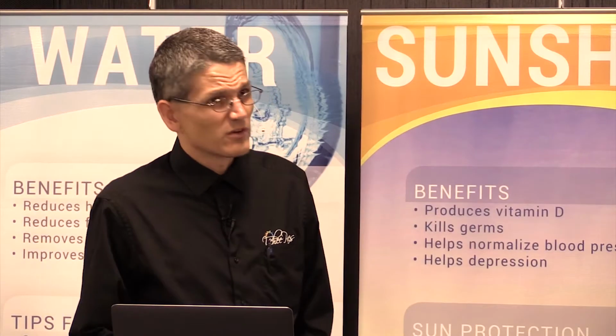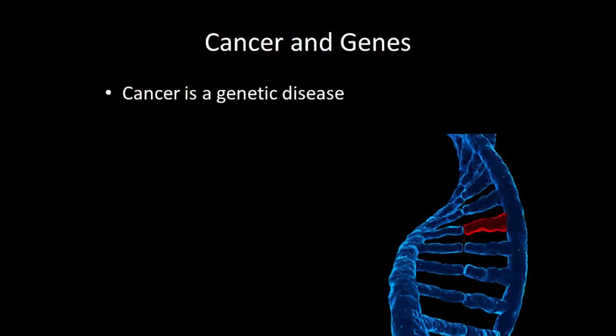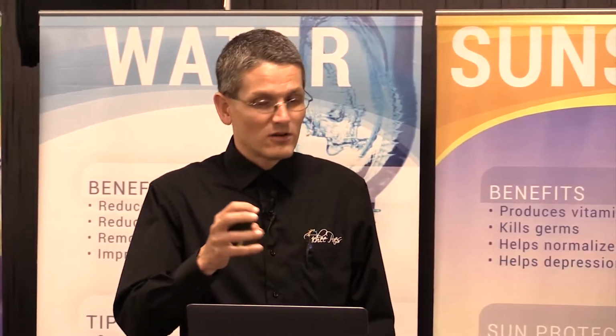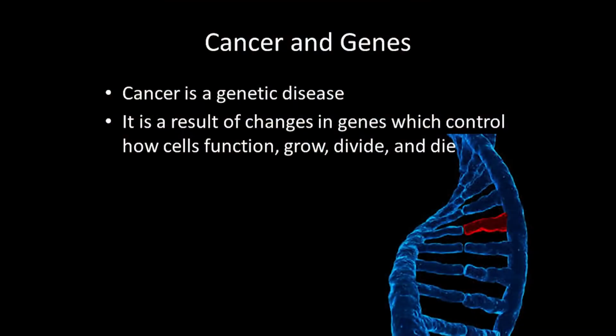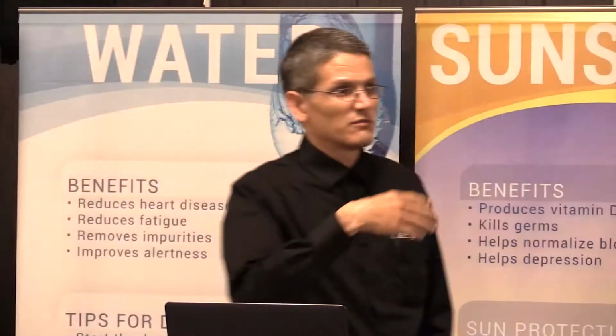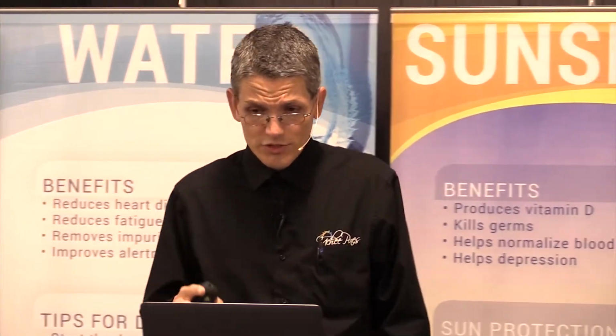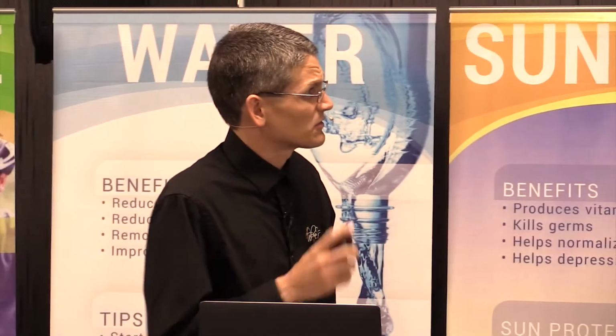And of course, cancer is associated with genes. It's a genetic disease, meaning that it's caused by changes in the genes and the ways that our cells function, especially how they grow and how they divide. All right? So the genes that control cell growth, cell division, and cell death are the typical genes that are associated with cancer.